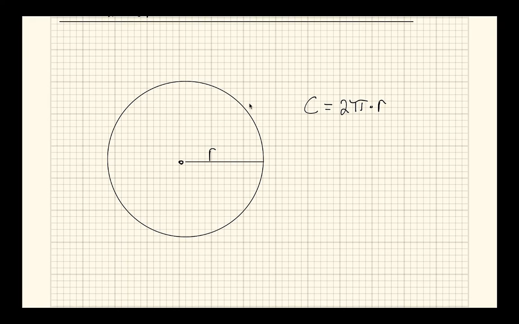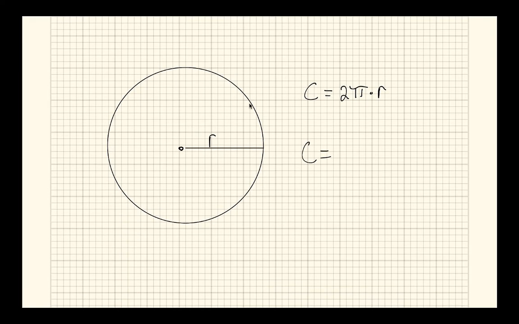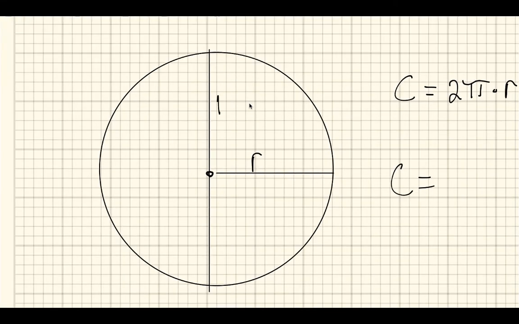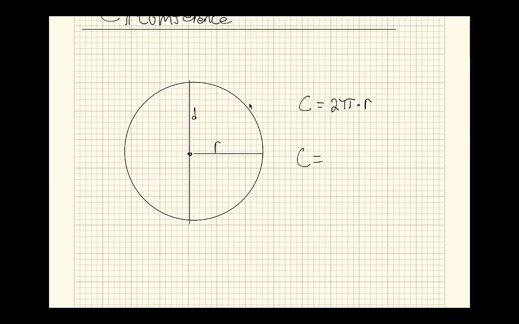Another way people think about it is if you're given the diameter, d, you can use that instead. You just don't have to multiply by 2. So if you had the diameter, you could also use pi times d. Doing this is going to give you the measure of the distance all the way around the circle.